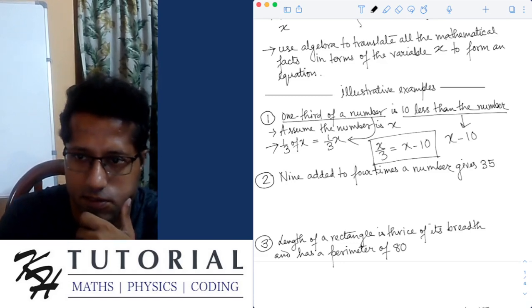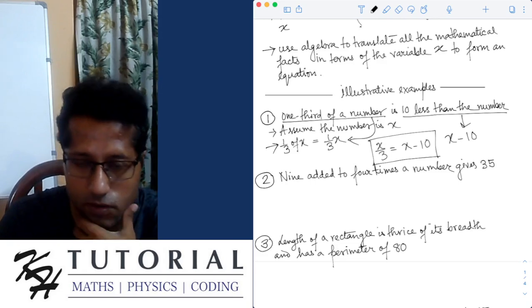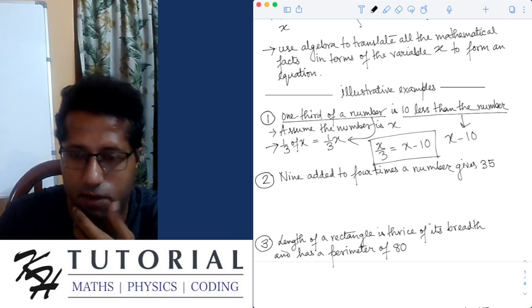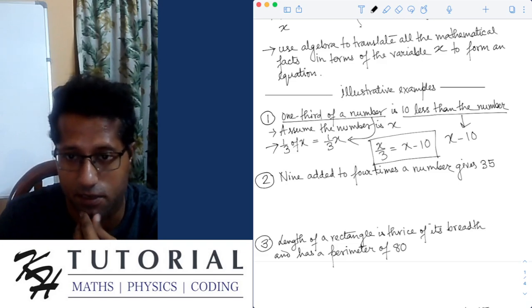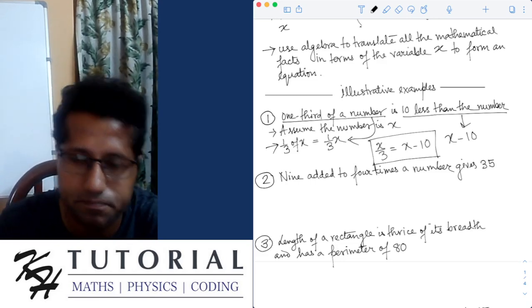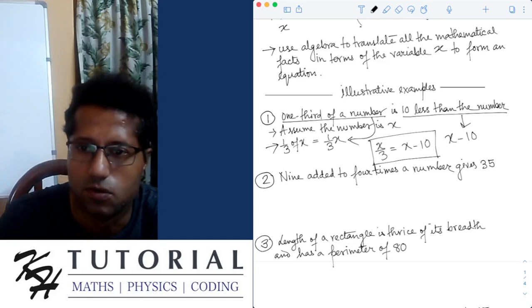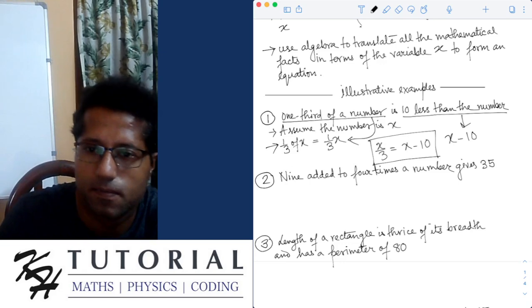"Less than a number" means subtraction. "10 less than the number" means x minus 10. All these things you have to be very familiar with. You have already done this in the chapter on algebraic expressions, like framing algebraic expressions from word statements. So you must be well versed in that concept.